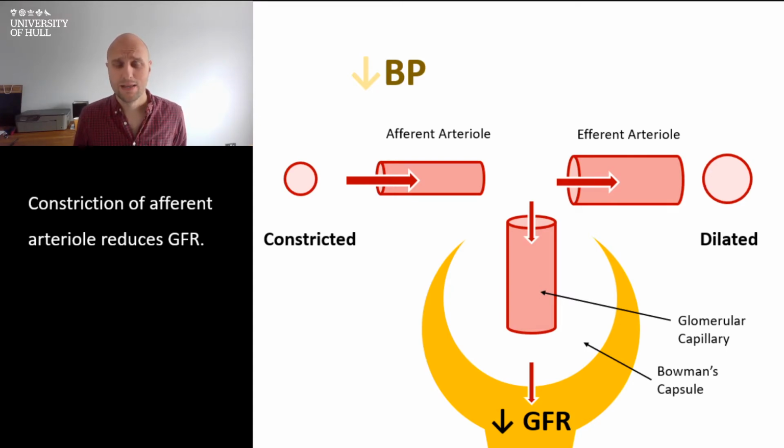Now, that may reduce the GFR, the glomerular filtration rate, to such a point where the kidney doesn't function efficiently, and it doesn't do those functions that we discussed in that first slide.